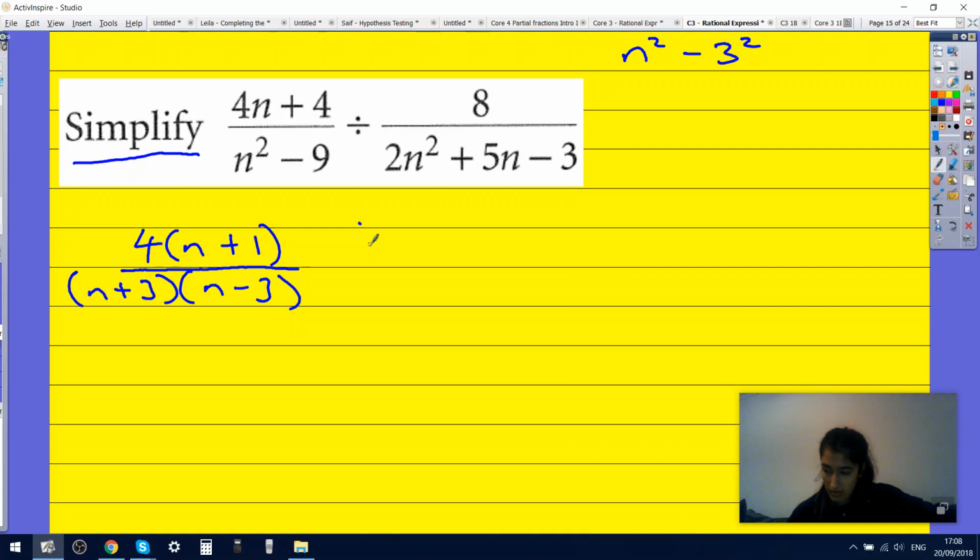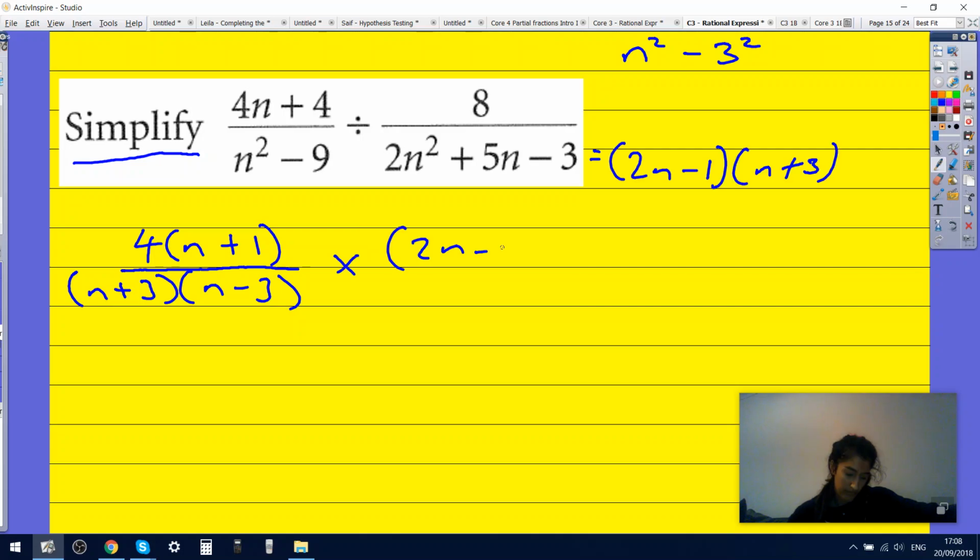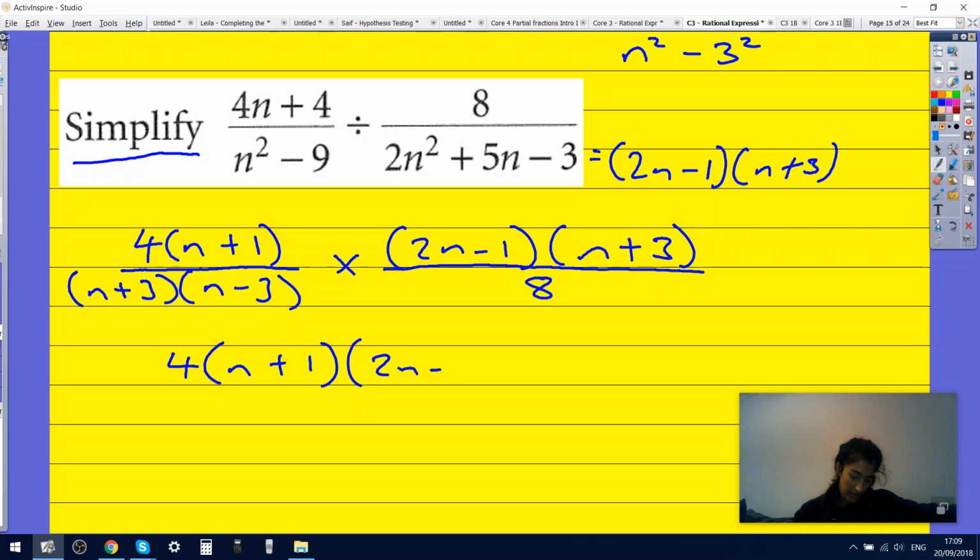Yeah. And then you times them, so you get 4n plus 1, 2n minus 1, n plus 3 over 8, n plus 3, n minus 3. Cancel out the n plus 3's. So you get 4n plus 1, 2n minus 1 over 8 n minus 3.